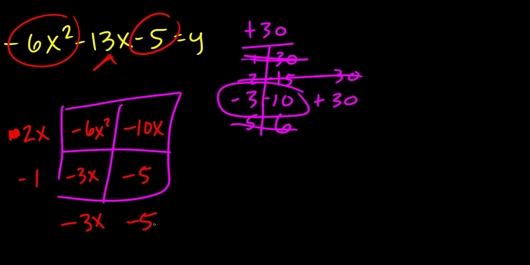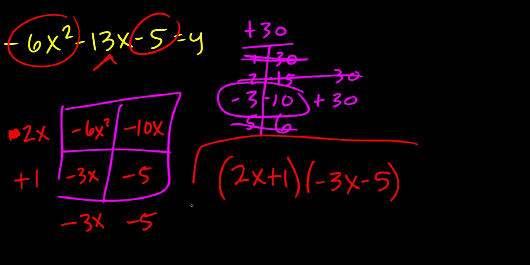Now 2x times -5, that works. -1 times -3x, that doesn't work. But since I used the negative already successfully, I'm going to change this one to a plus sign. And then 1 times -5, that now works. So if I just write my final answer, and that's my factored form.